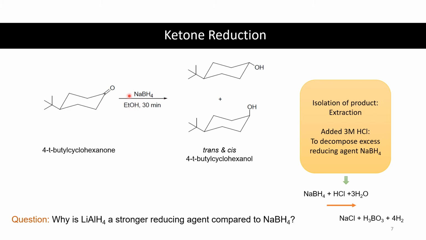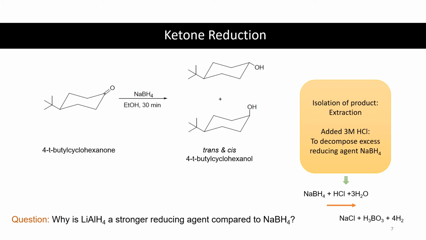So NaBH4 is sufficiently strong to reduce a ketone to the respective alcohol. However, you should remember why lithium aluminum hydride, which was the other reducing agent that we discussed, is a stronger reducing agent compared to sodium borohydride.